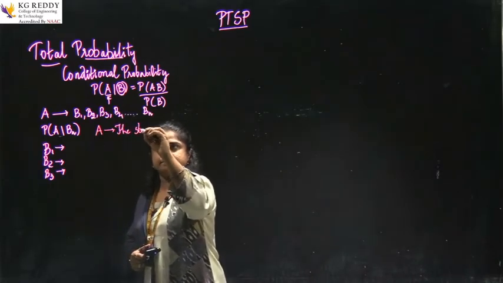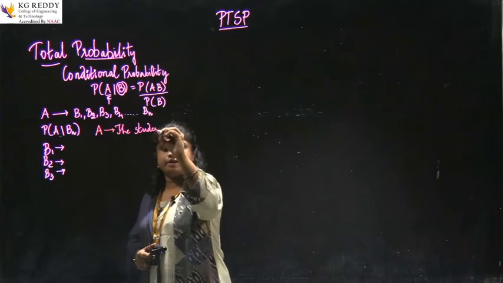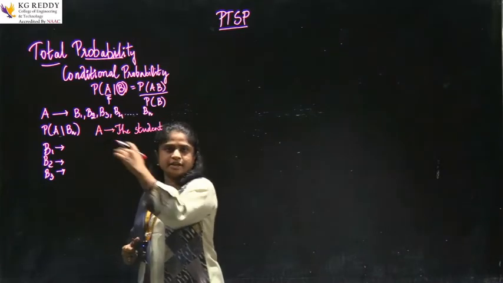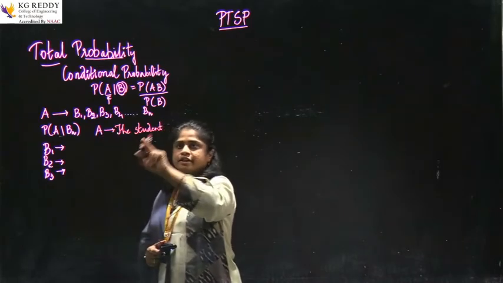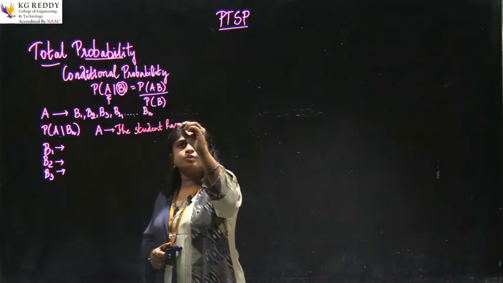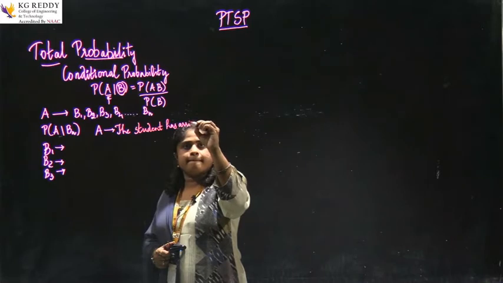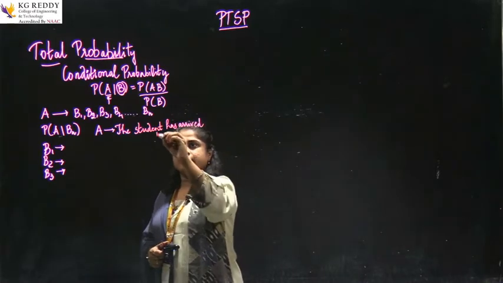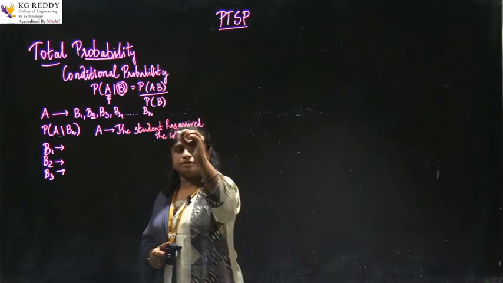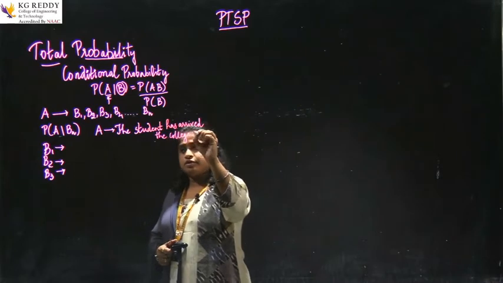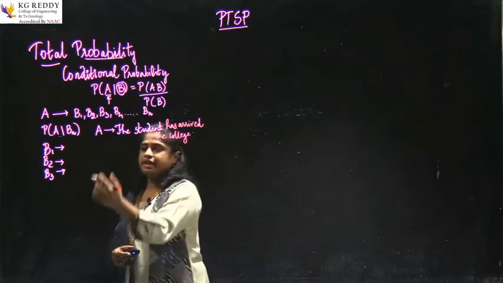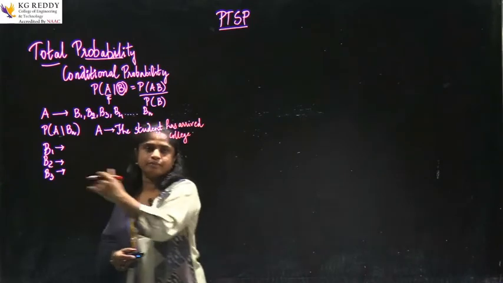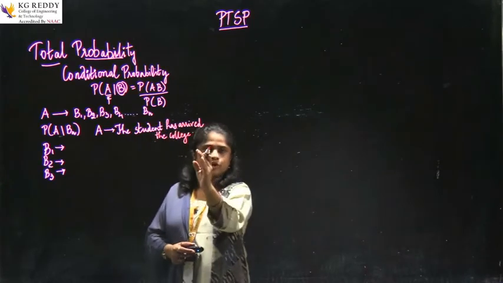This is an example which I am taking to make you understand the total probability concept. So, event A is nothing but the student has arrived at the college. For this, the student might have taken any of the means to arrive to the college.